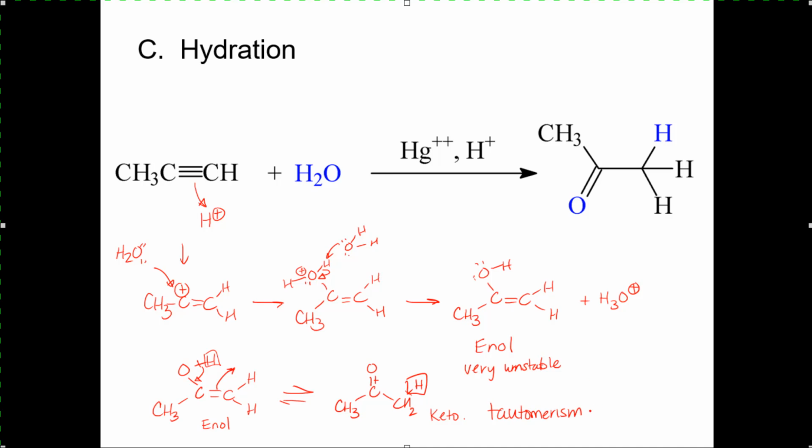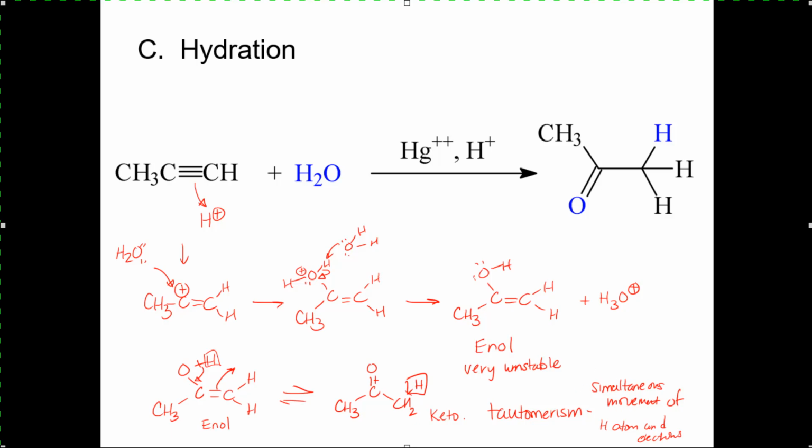And a tautomerism equilibrium is one where there is the simultaneous movement of a hydrogen atom and electrons.